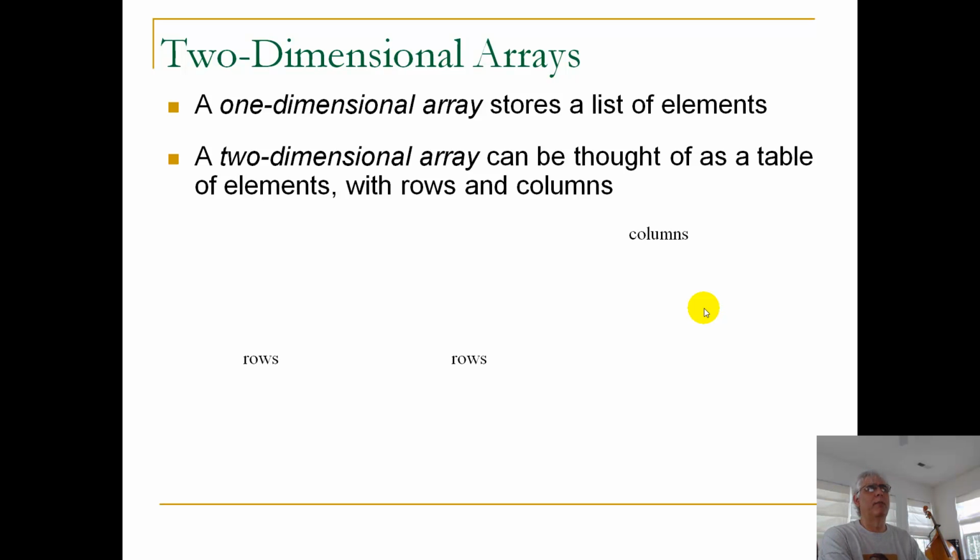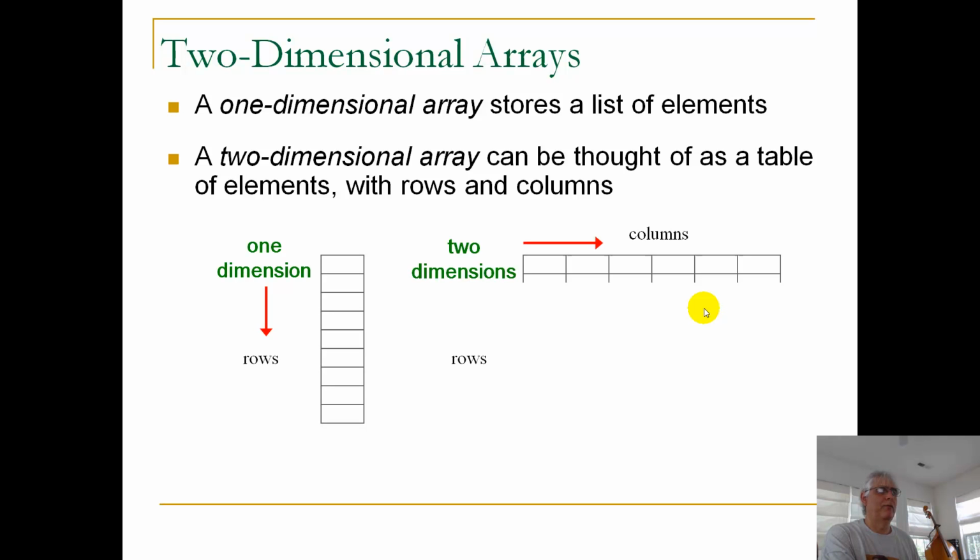A one-dimensional array stores what? A list of elements of the same type. A 2D array, look at it as a table of elements with rows and columns.